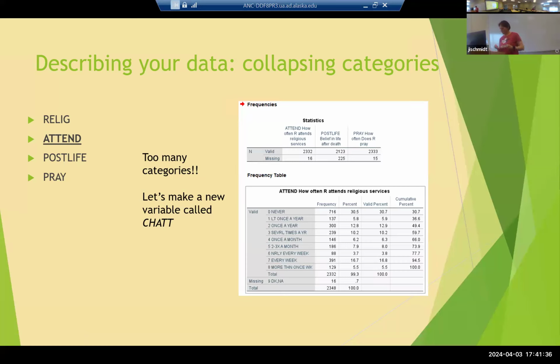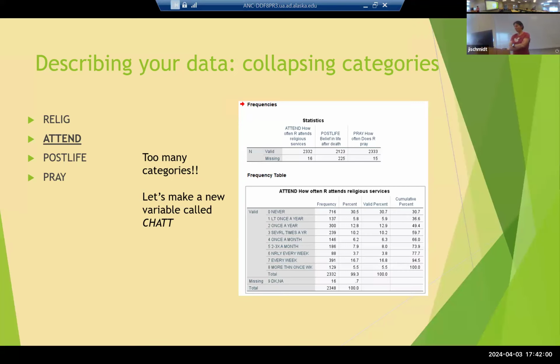I believe this is where we left off last time, was this issue of trying to collapse categories. And this is a frequent problem with surveys, interviews, when you start to code stuff. You just get way too many categories. Like, I don't really need to know all these different categories for attending religious services. Less than once a year, several times a year.